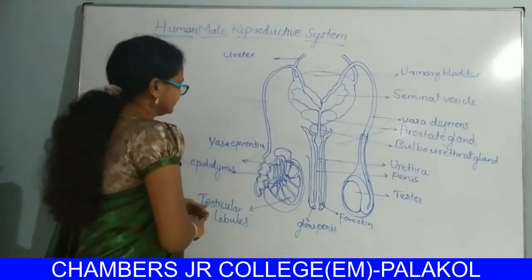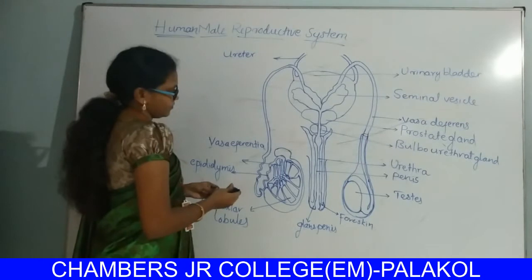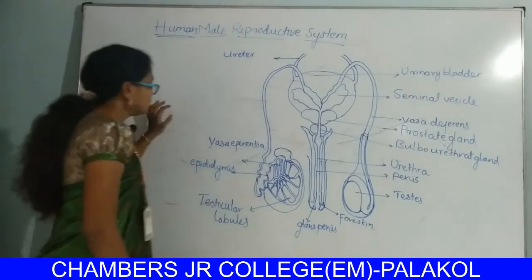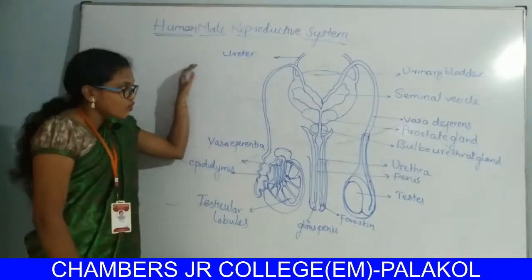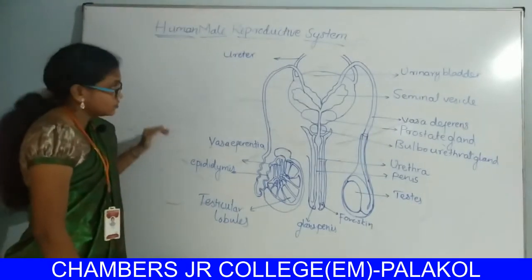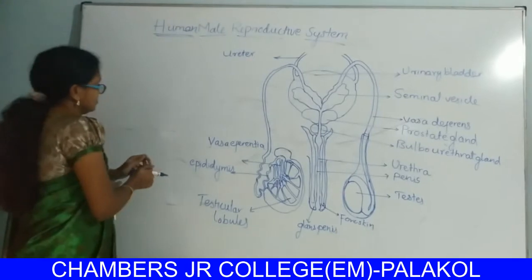So let's see. In the human male reproductive system, the following parts are present. So what are the parts? First one, testis.